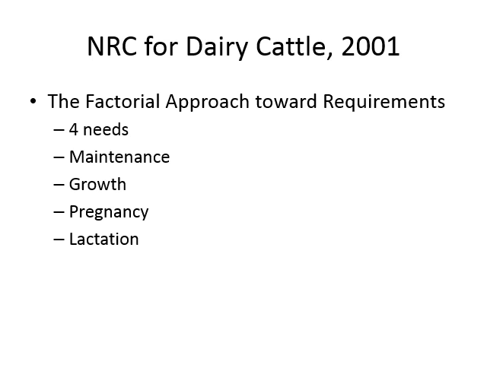Algebraically, you figure out the nutrients for each of those things that the cow is doing, if she happens to be doing all 4. And then we add them up. That's the factorial approach toward requirements. Now, are they mutually exclusive? Are they perfectly additive? No, but that's the way we do it mathematically.